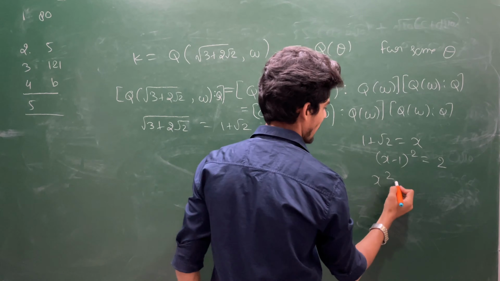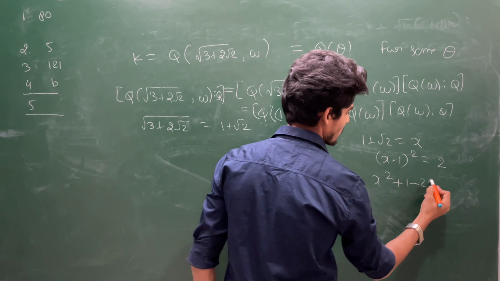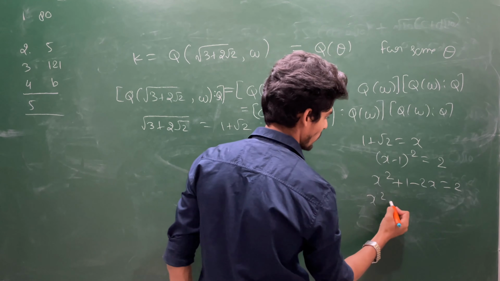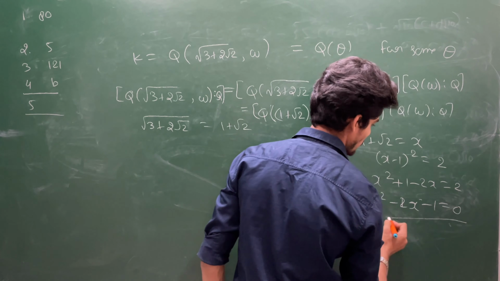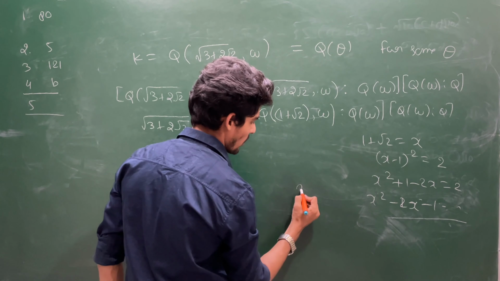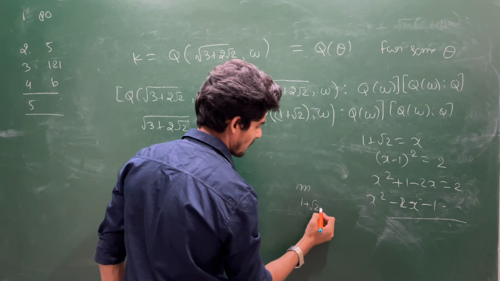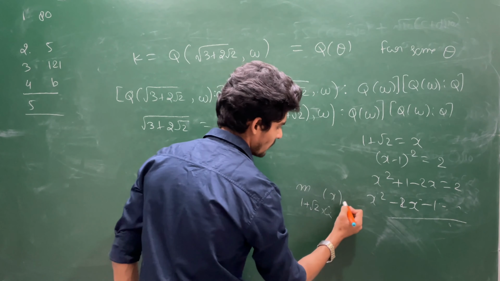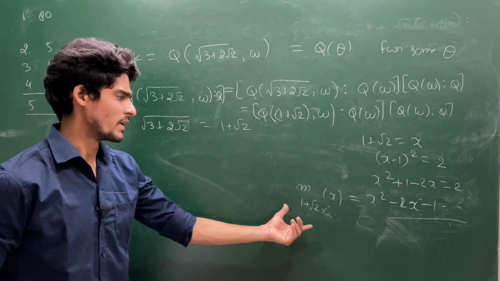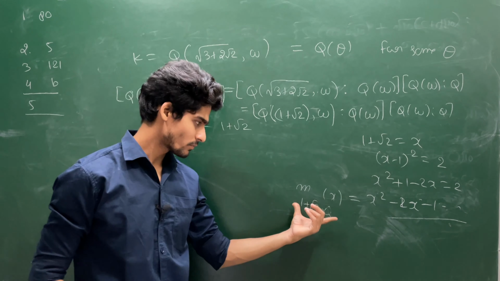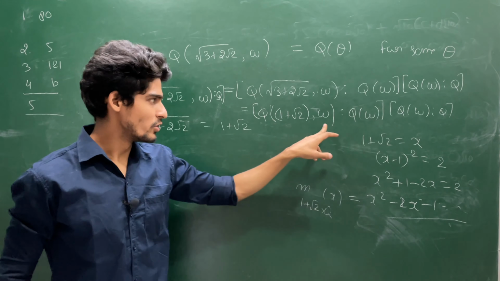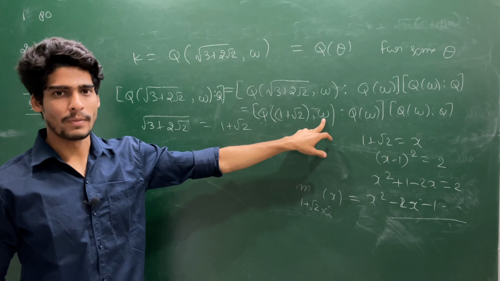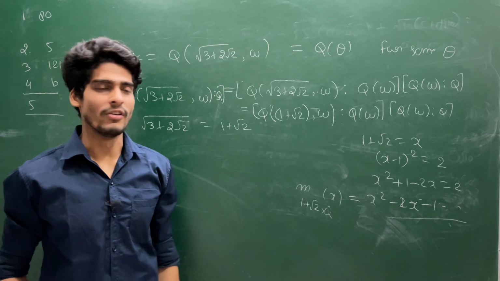So you will have x squared plus 1 minus 2x is equal to 2, so x squared minus 2x minus 1 is equal to 0. This is the minimal polynomial of the element 1 plus root 2 over the field Q(omega). This is the notation I am using, adapted from the Mitfute book. You do not need to find the minimal polynomial for omega, because omega is already available here.